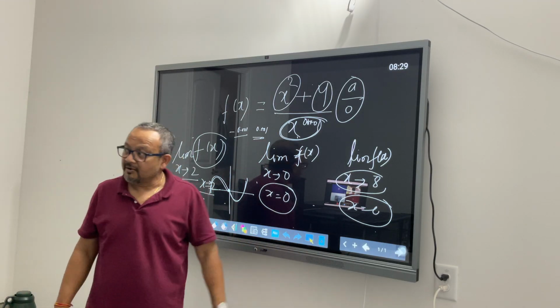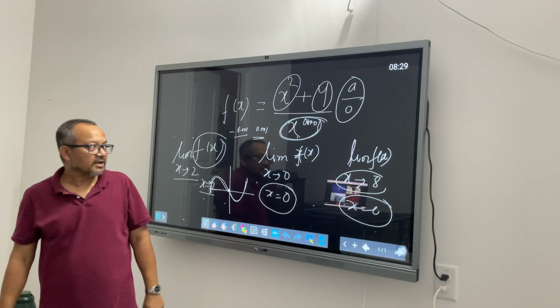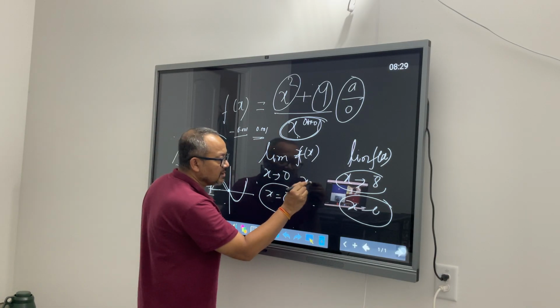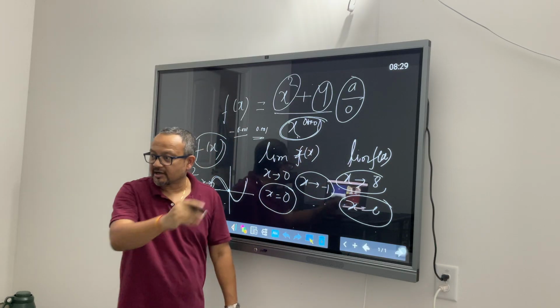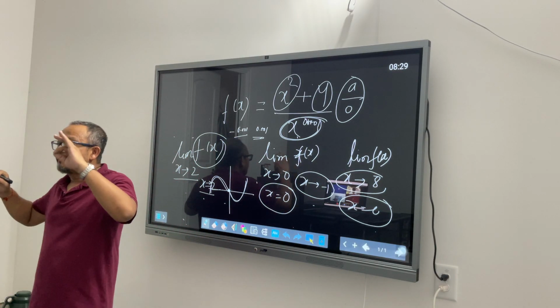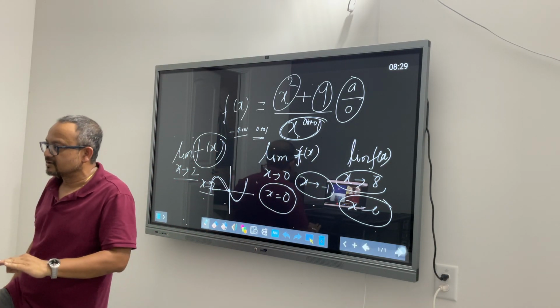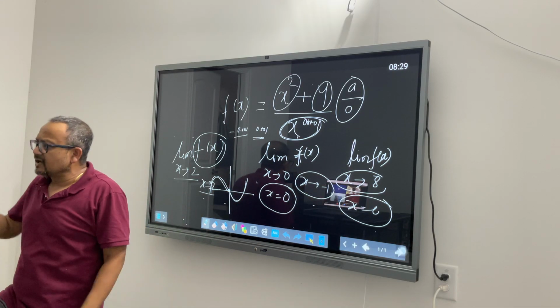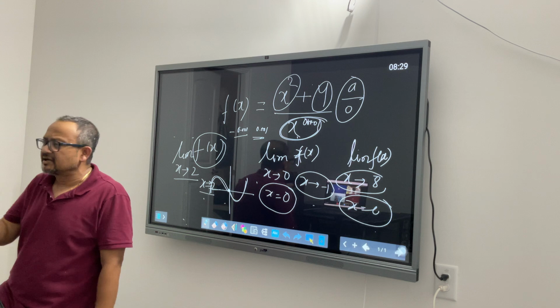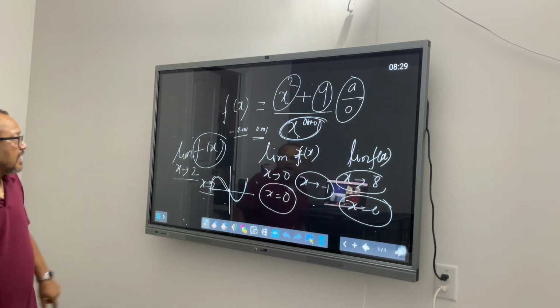In any limit problem, your first attempt would be: okay, is it approaching minus 1? Let me see how much is my value for x equal to minus 1. If I have a value there for the given limit, then that itself says my limit will be the same.